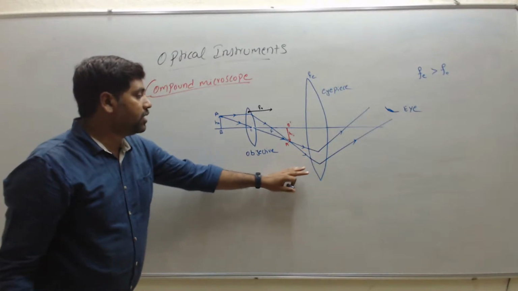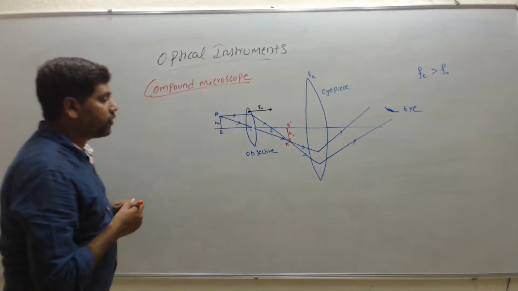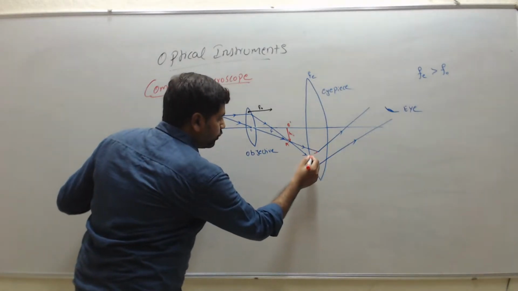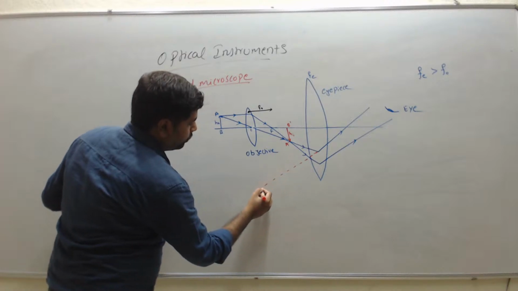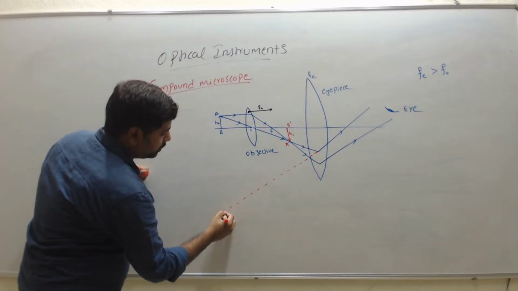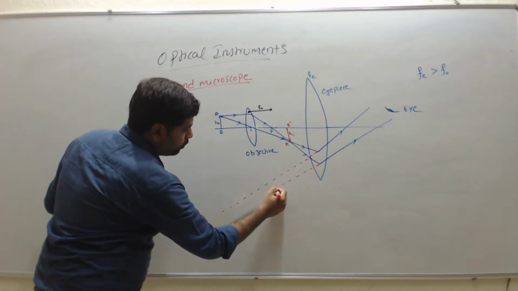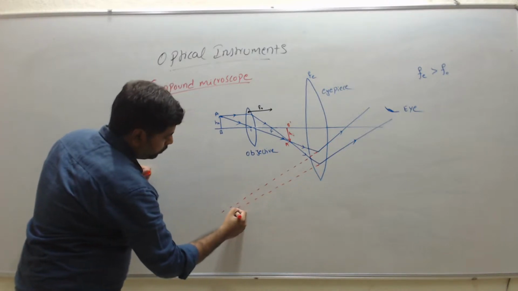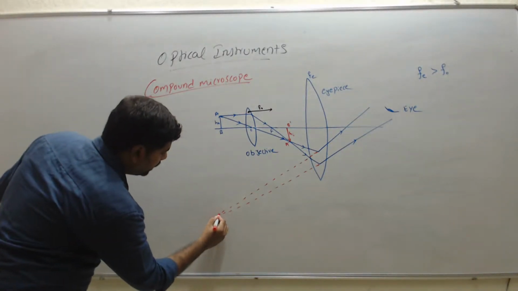So if we extend these refracted rays, that is, if we produce these refracted rays backwards, these refracted rays diverge from a point somewhere here.